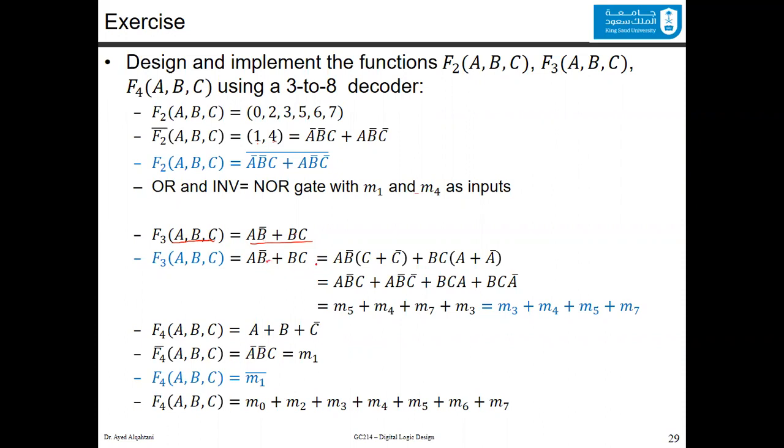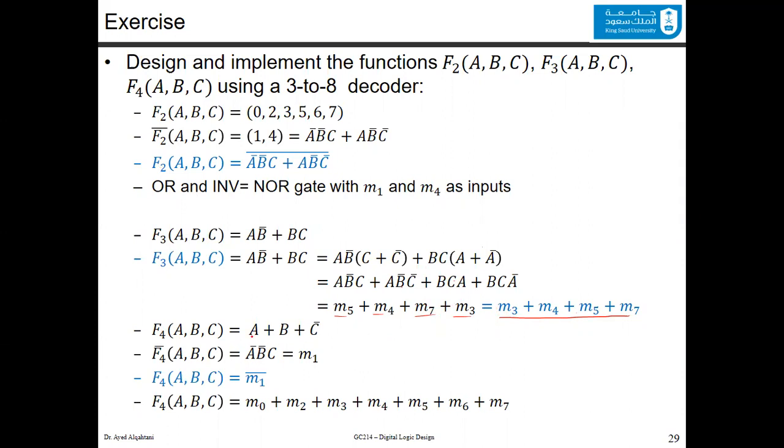We added the missing C and the missing A this way, and then we distribute the A, B bar to the C and the C bar, similarly here to the A. And now you know that this is M5, M4, M7, and M3, and you reorder them like this. There are 4 minterms. If you were thinking that you will get the inversion, you will end up with also 4 minterms. So it doesn't make a difference for you, and you stop right here.